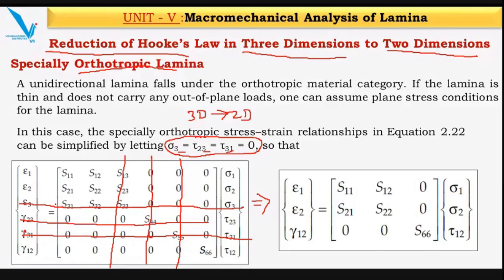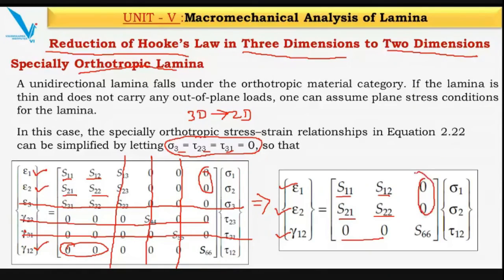Epsilon 1 is there, epsilon 2 is there, and gamma 12 is there. And these components, S11, S12, S21, S22 remain. This is 0, this is 0, this is 0, and these two are 0.